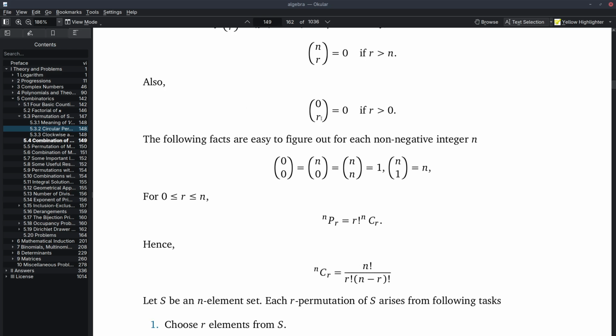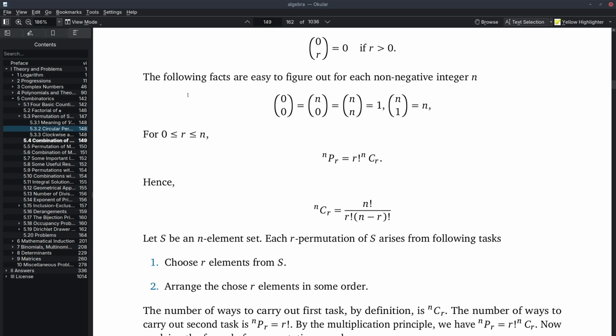Also, if you choose r from 0, then it will be 0 if r is greater than 0. So we can deduce from this that 0 from 0, n from n and 0 from n will be equal to 1, and 1 from n will be equal to n.